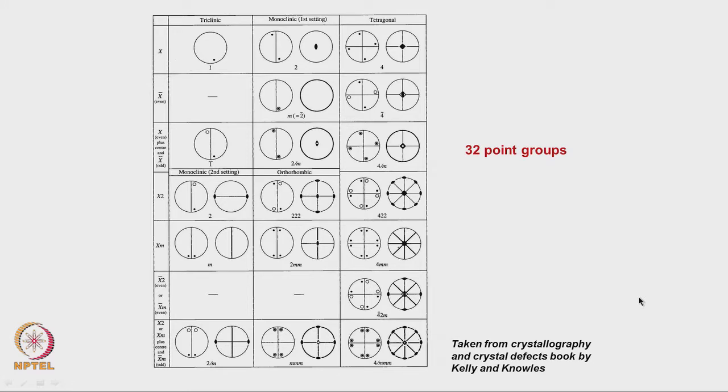If we consider all these symmetry elements together, the distinct number of symmetry elements which we can have is essentially 32 point groups. The stereographic projections of all the 32 point groups are given in this as well as the next transparency. Are you able to see it?